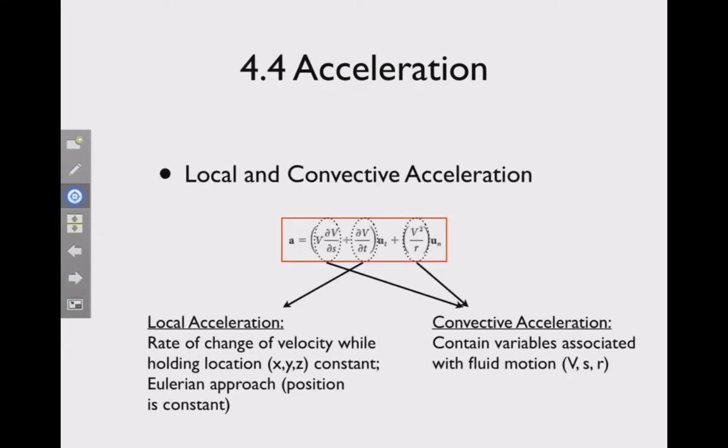And we know that this includes both the local acceleration, the partial derivative of velocity with respect to time, as well as these 2 convective terms. One that depends on the velocity with respect to the derivative of position, s, and also the curvature, v squared over r, the centripetal acceleration.